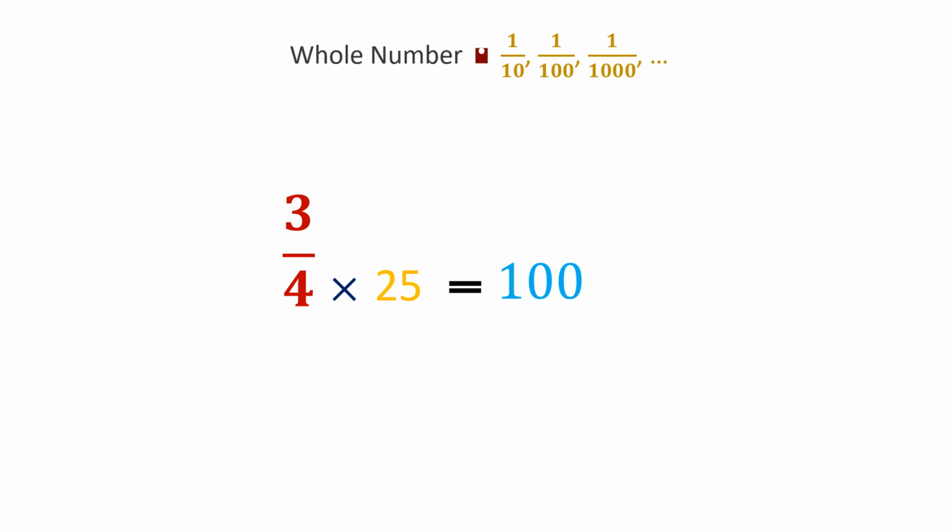So, if you multiply 4 with 25, it would give 100. Next, you'll have to multiply the same number with the numerator also, which is 3, which will give 75. Now we got 75 by 100, which we can easily convert into the decimal form of 0.75, and there you have your answer.